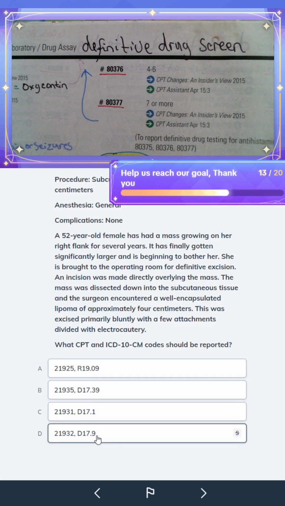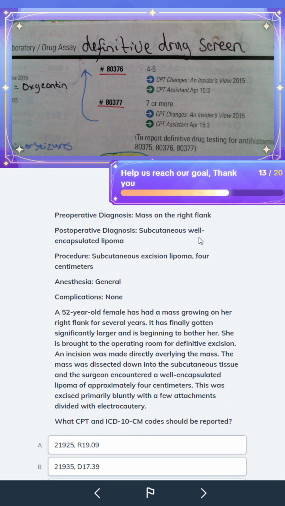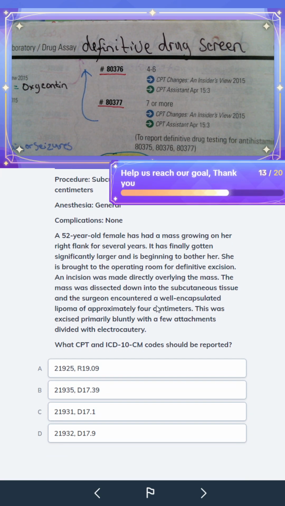Every single one is different. You can go to the D codes or the R code and see which one is a subcutaneous encapsulated lipoma diagnosis. You know it's probably not that R, so you can get rid of probably A. It's probably one of these, but you can do either the diagnosis or the CPT code differences.